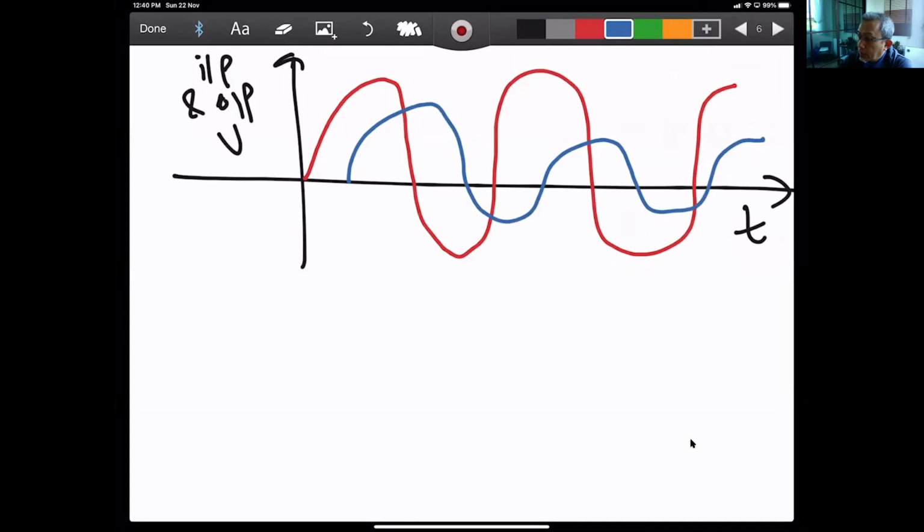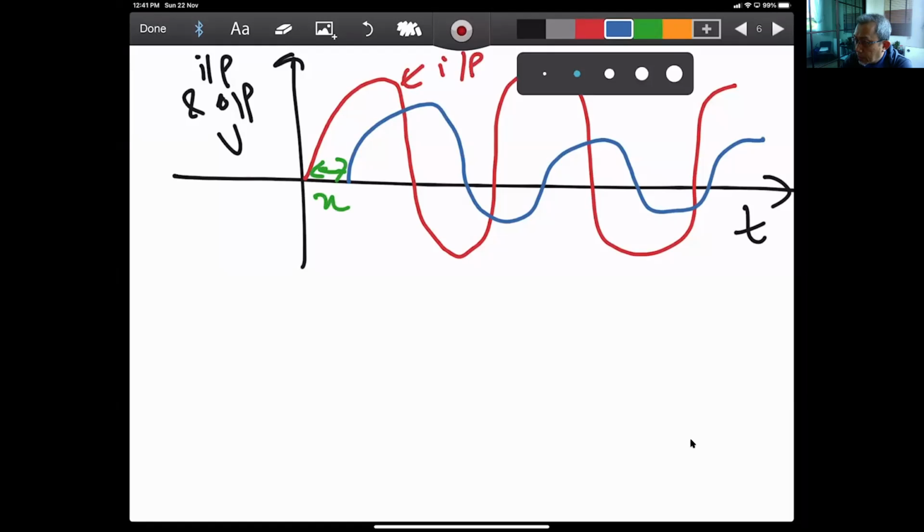Okay. And then we see it from the oscilloscope or from the plot. Then we mark here the difference between input and output, which is X. So this is your input, and this is your output.